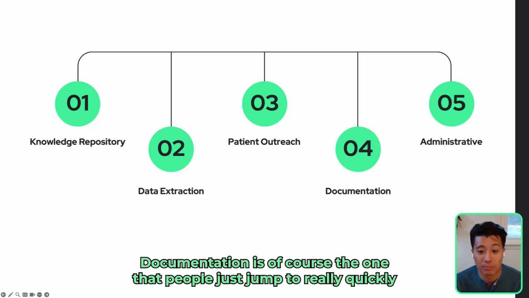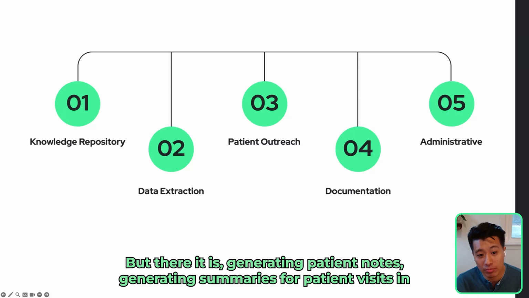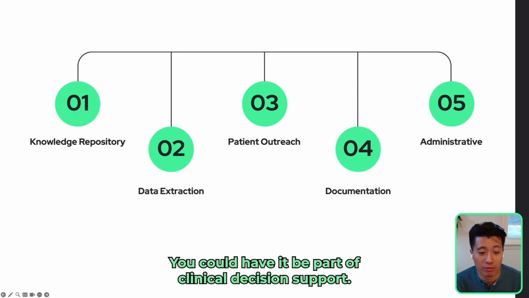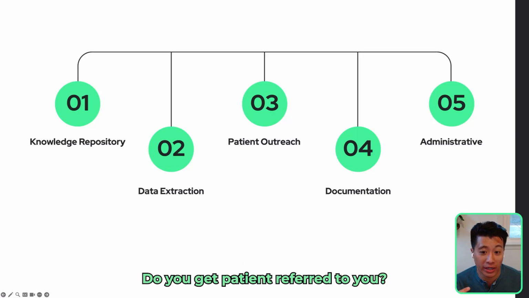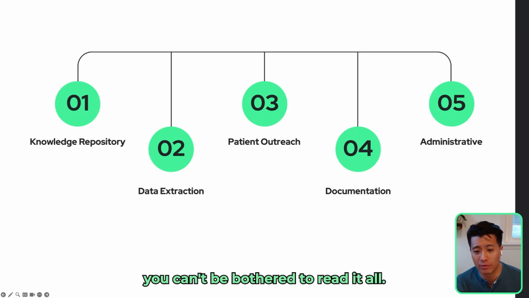Documentation is, of course, the one that people jump to really quickly because it seems pretty obvious. But there it is, generating patient notes, generating summaries for patient visits in perhaps a more readable and understandable format for patients to read. You can have it be part of clinical decision support. You get a patient referred to you, you're a specialist, and they have a really long 15-year history and you can't be bothered to read it all.